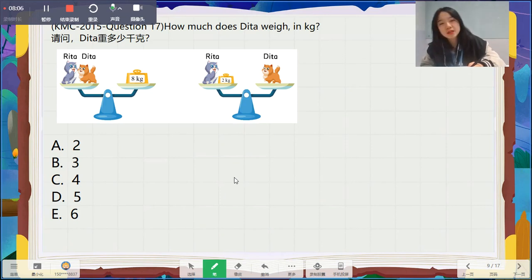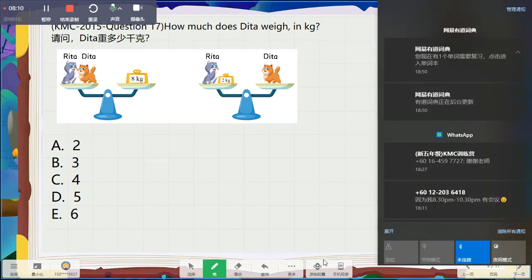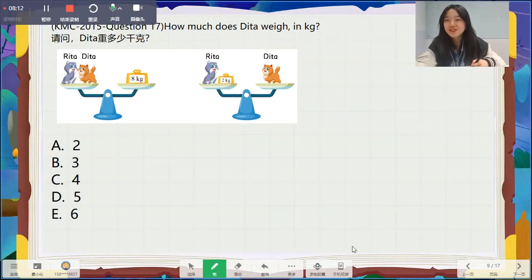How much does Dita weigh in kilograms? Okay, here are 2 very cute cats. One is Rita and the other is Dita. In the first question, okay, it's the balance scale again, and we know that when it's balanced, that means the 2 things on both sides are equal.